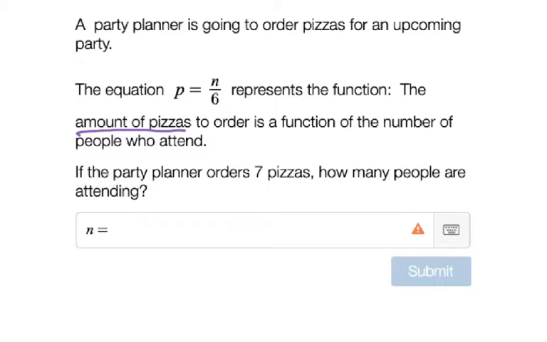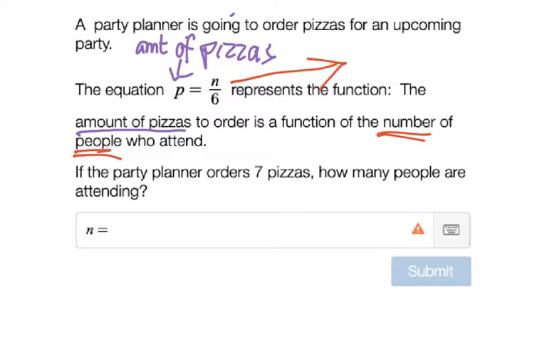All right, so P is the amount of pizzas. N is the number of people who attend.